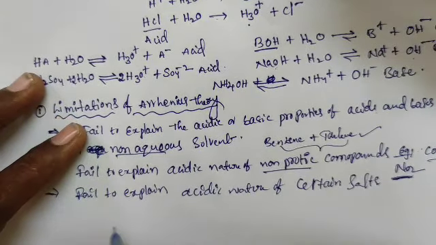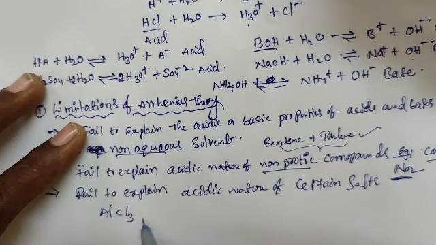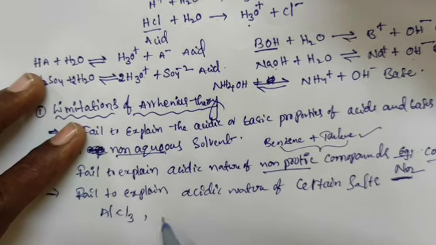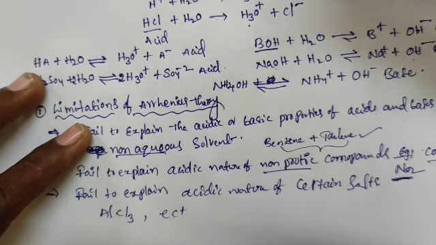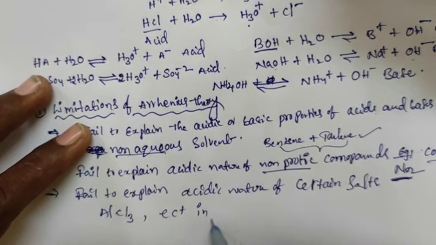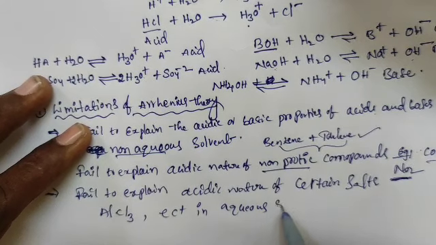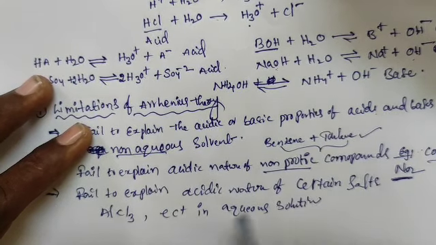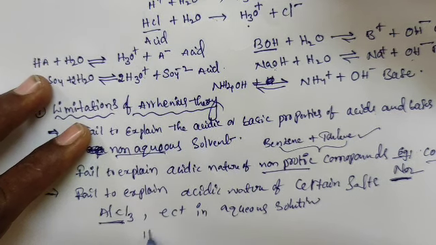What are those salts? Like AlCl3, ZnCl2, ZnO, in aqueous solution, even when dissolved in aqueous solution they cannot release H plus ion.